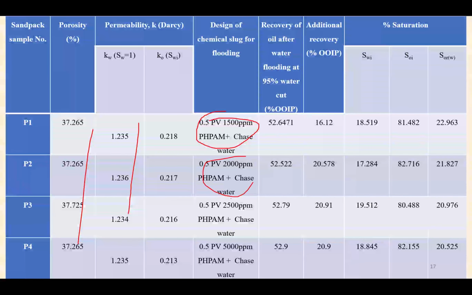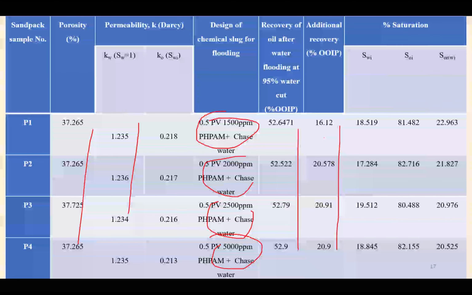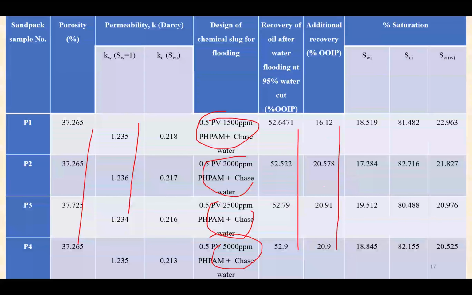There are 4 different types of study performed here by injecting different concentrations. So this is the recovery. This is some other data, not from this particular problem. And this is the addition. You can see that after say 2000 ppm, the increase in recovery is not significant. So you can consider that 2000 ppm is the optimum concentration.